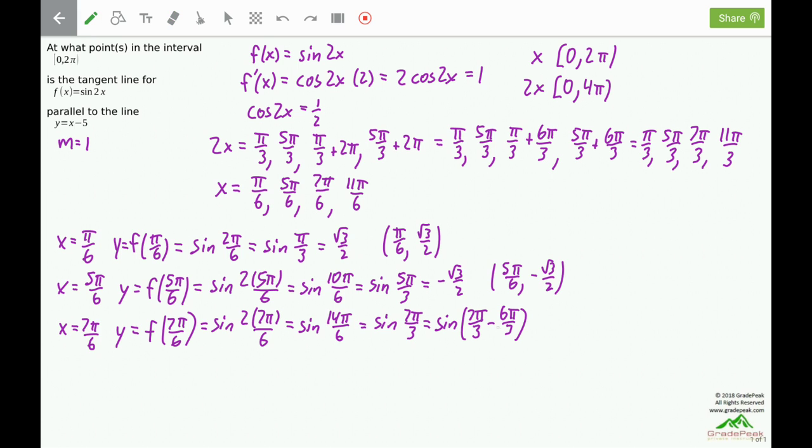And that'll turn it into its equivalent between 0 and 2 pi. Well, 7 pi minus 6 pi is pi over 3, so we end up with sine of pi over 3, which is root 3 over 2. So I have the point 7 pi over 6, root 3 over 2.